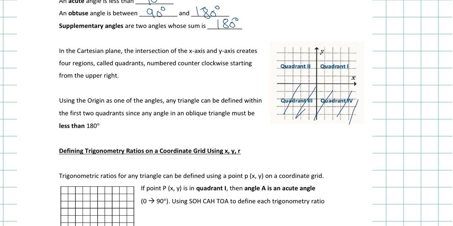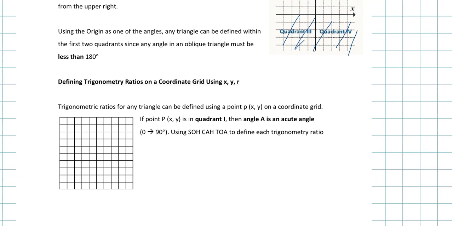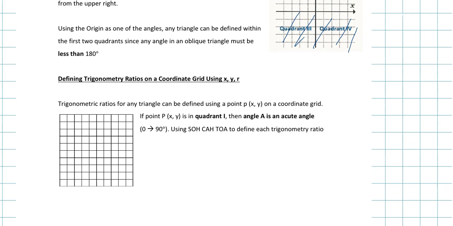Now, let's look at an example here. So instead of using opposite over hypotenuse or adjacent over hypotenuse, we're going to use now the x and the y, which is the coordinate of a point. So let's say I have a point xy in quadrant 1.